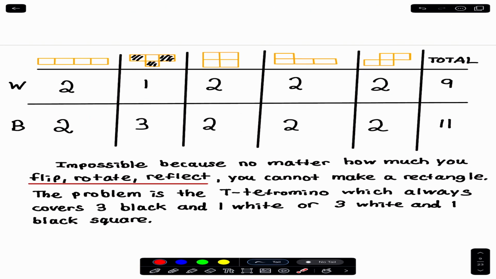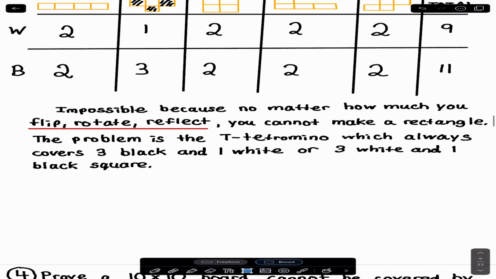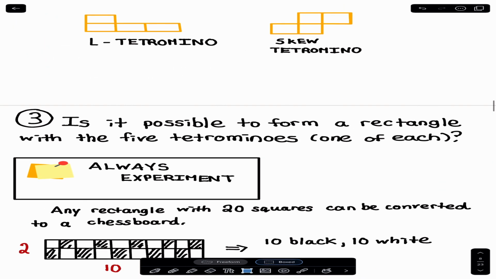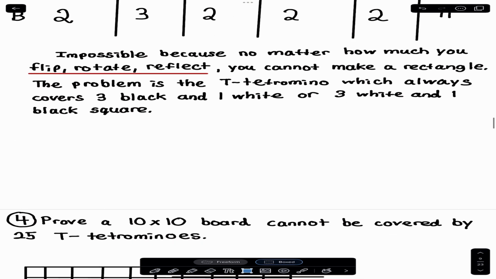In the chart above, I used the example of the T tetramino that covers it like this, but it didn't have to be like that, right? It could have been the other way around as well. So what I mean by that is over here.